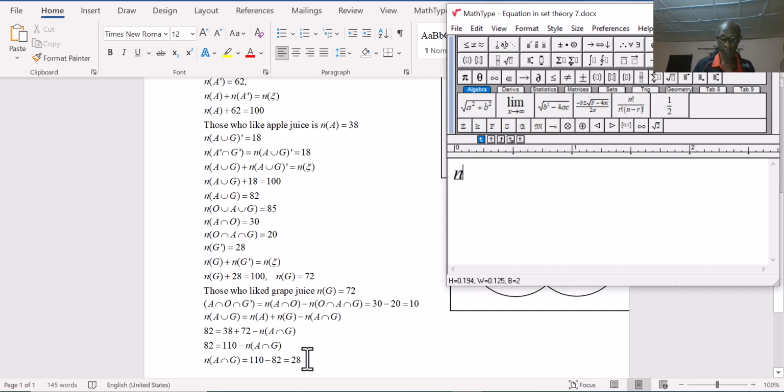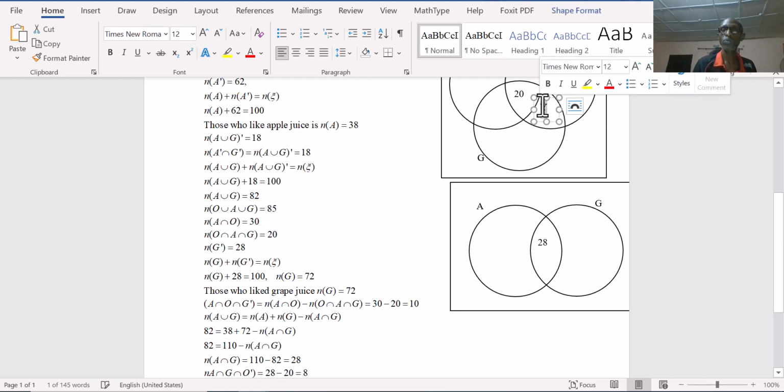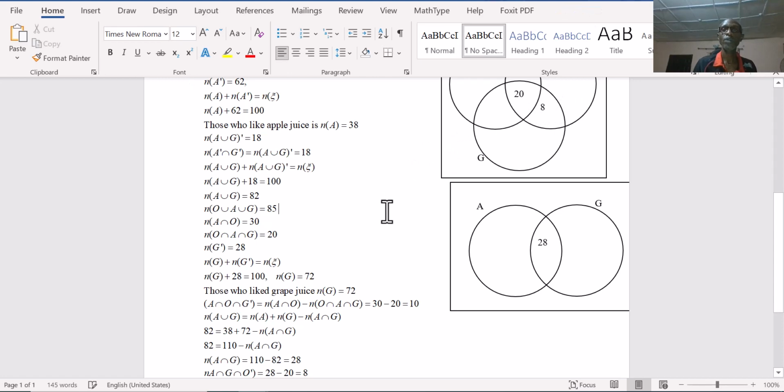So we now have A intersection G intersection O complement is equal to 28 minus 20, which is equal to 8. So this place is equal to 8. So I'm going to write 8 here, so that you see what is happening. That's 8. So we are through with that.